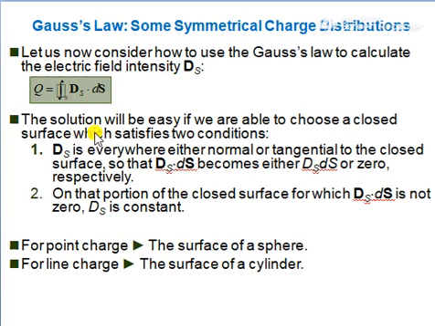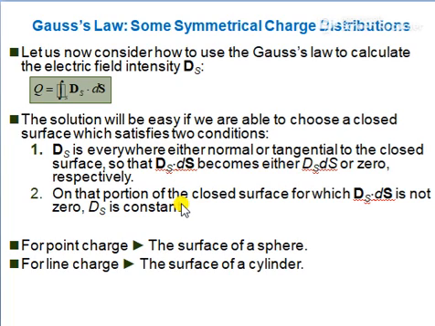Now the solution will be very easy if we are able to choose a closed surface which satisfies two conditions. One condition is D is everywhere normal or tangential to the closed surface, so that D dot dS becomes either D dS or 0 respectively.